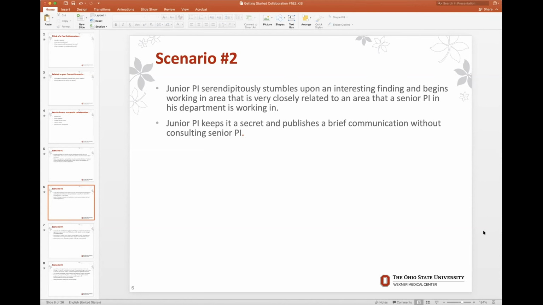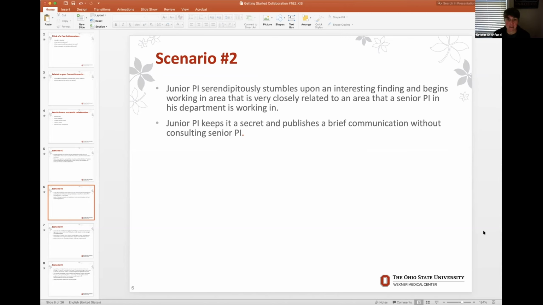I think ethically that's probably fine, and I don't think they are required to talk to a senior PI. I think this gets into department politics a little bit, and whether your future work or your future grant submissions are going to be affected by that. Those are all things to consider as you go along.